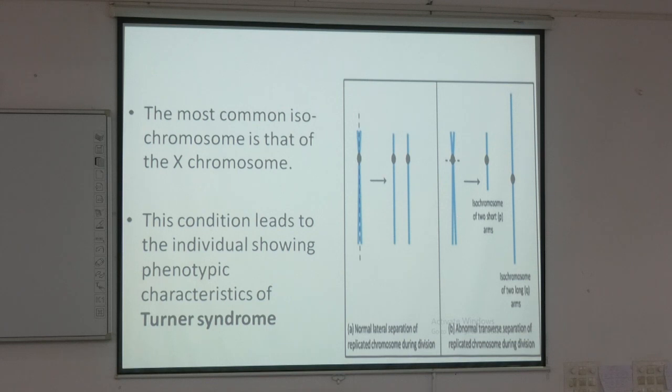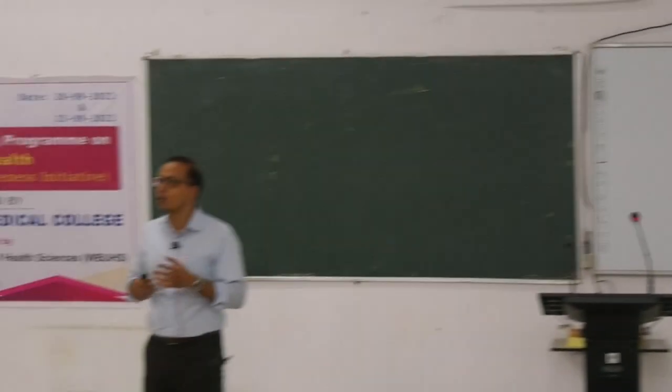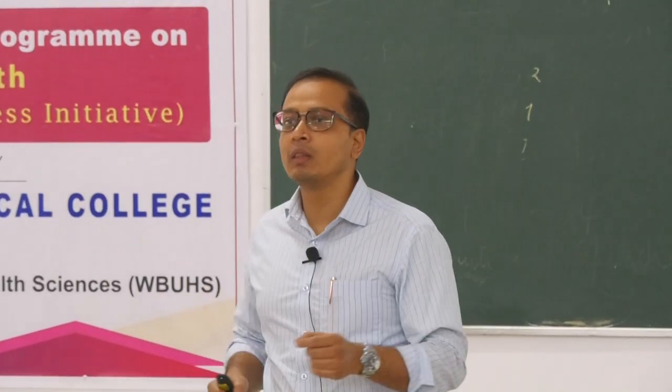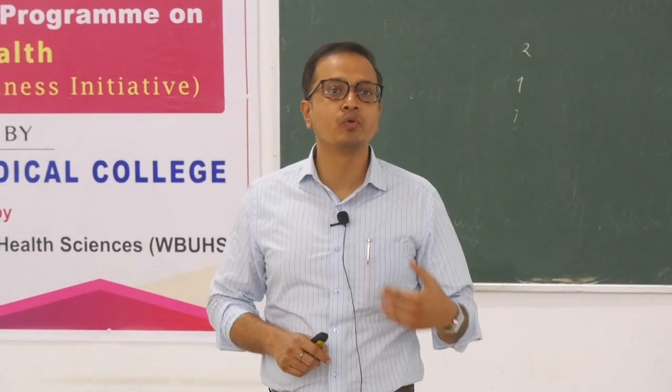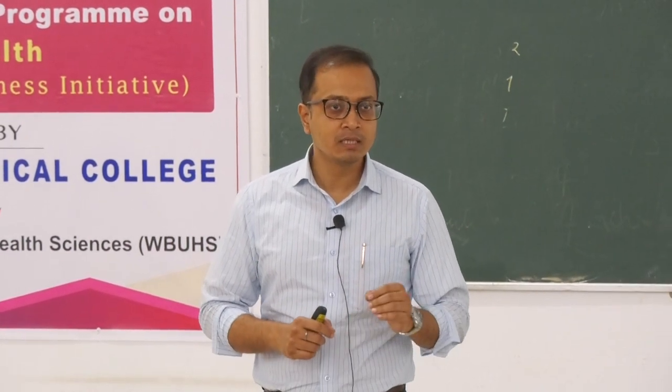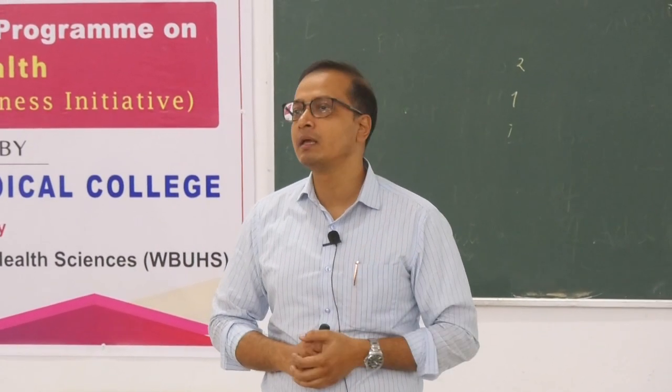If a chromosome has only long arms or only short arms, we call this chromosome an isochromosome. So it is a split error which is taking place.